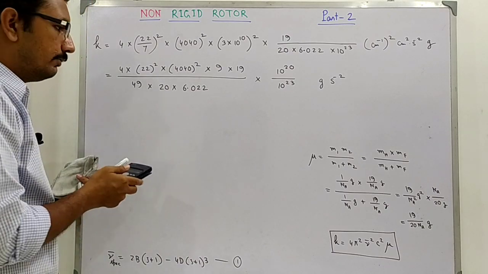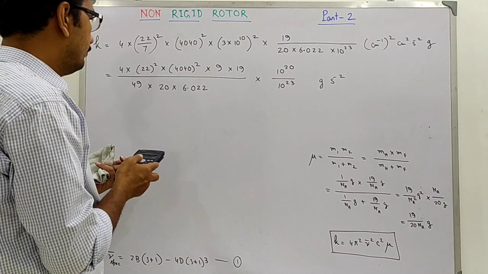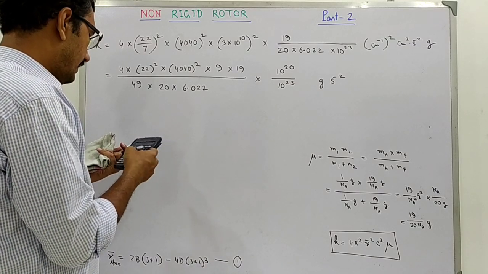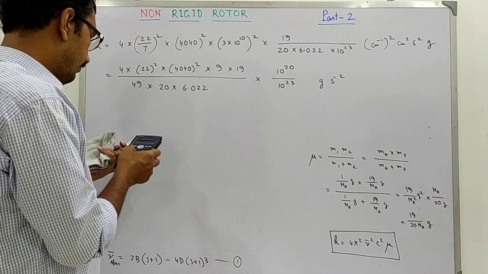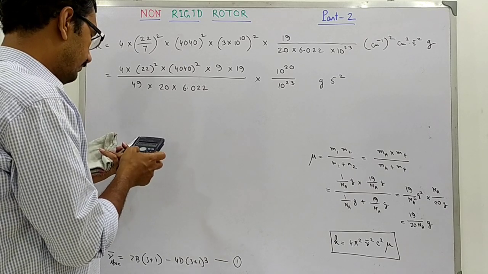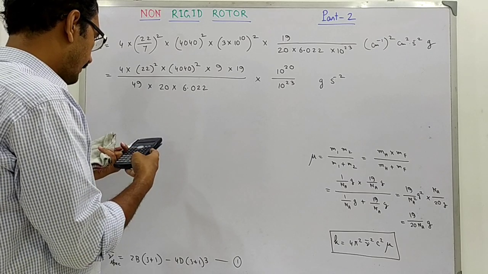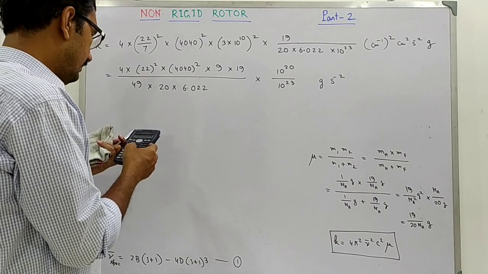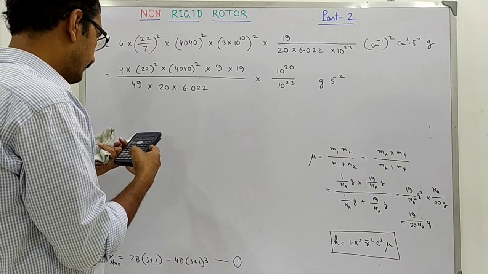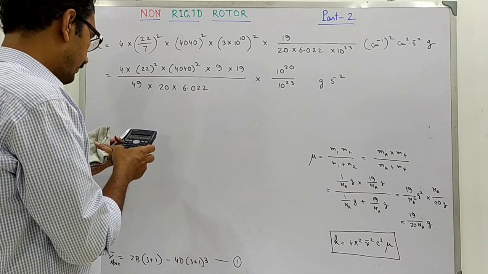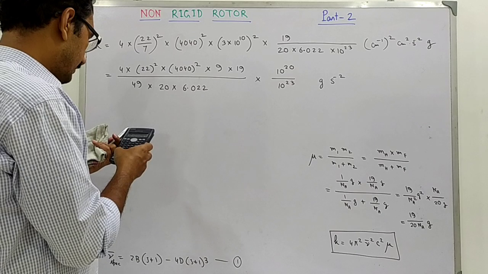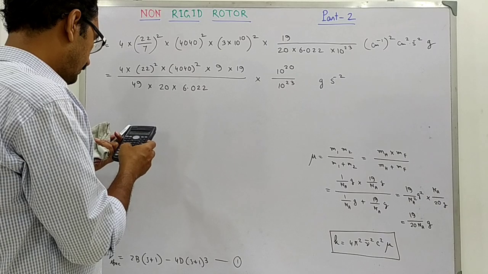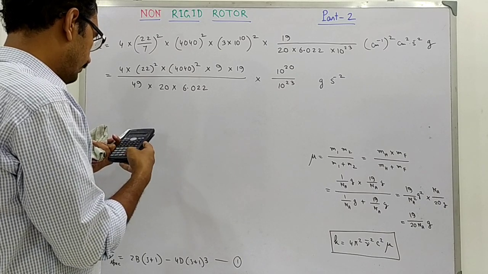Lot of things are there, so you have to remain calm while calculating this. So it will be 22 squared into 4040 square into 4 into 9 into 19 divided by 49 divided by 20 divided by 6.022.